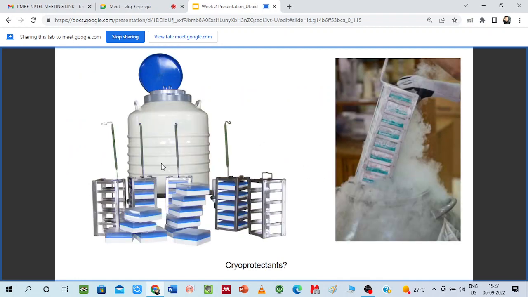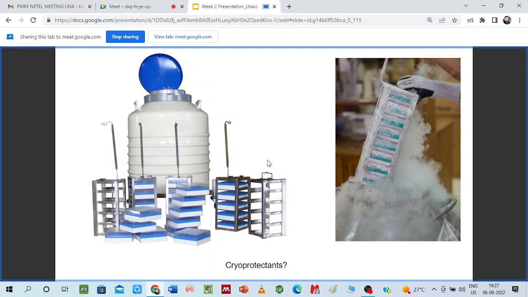So these are the liquid nitrogen tanks. In these tanks, liquid nitrogen is filled, and these are the stands or racks in which you place these cryo boxes. And in these cryo boxes, there are the vials. They are called cryo vials, and these racks will be dipped in the liquid nitrogen.